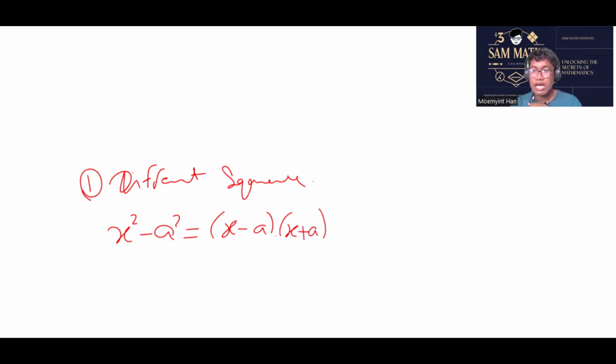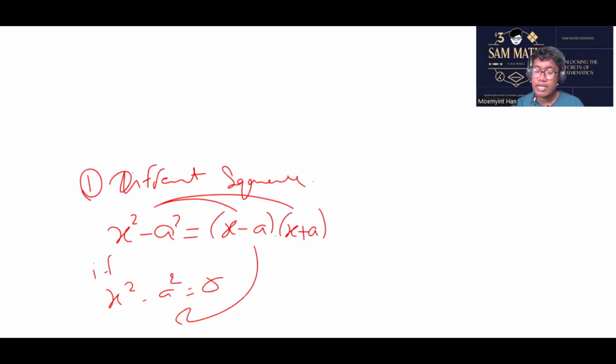If we see a quadratic equation that looks like two squares subtracted, we factorize it into these two binomials. If a squared minus b squared equals 0, this becomes a minus b equals 0, or a plus b equals 0.